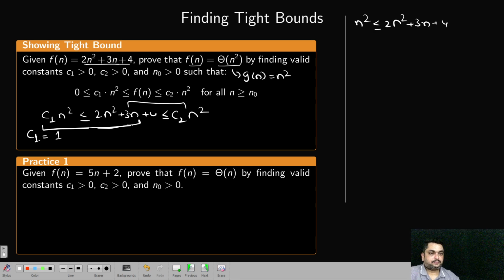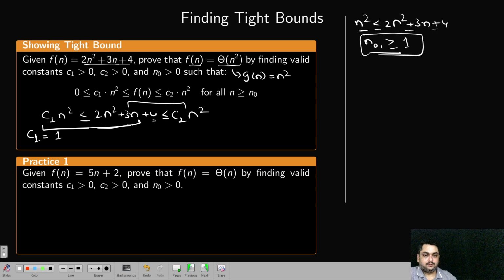Now this holds for all n naught 1 greater than or equal to 1. This is always lower because there are positive terms here. Hence n square with C1 equal to 1 can act as the lower bound for any n value greater than or equal to 1. So that is n naught 1.